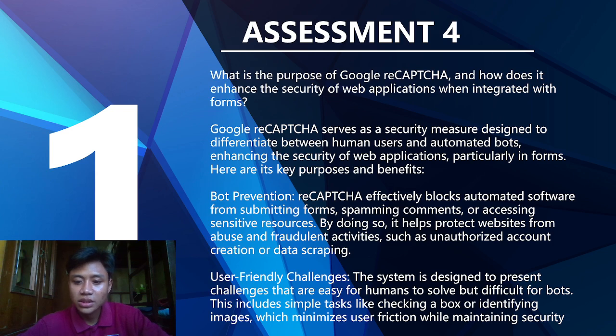The system is designed to present challenges that are easy for humans to solve but difficult for bots. This includes simple tasks like checking a box or identifying images, which minimize user friction while maintaining security.